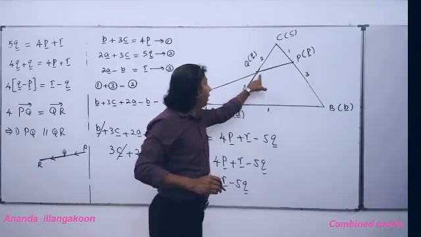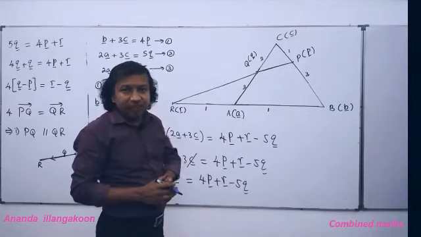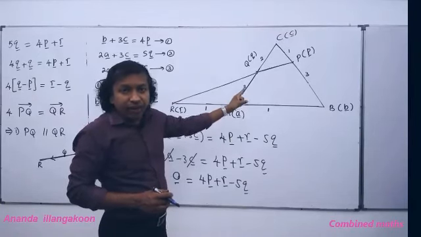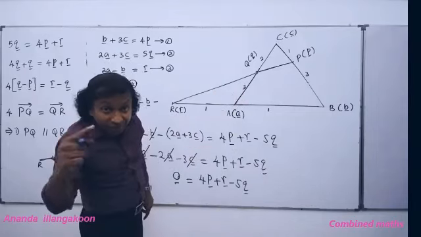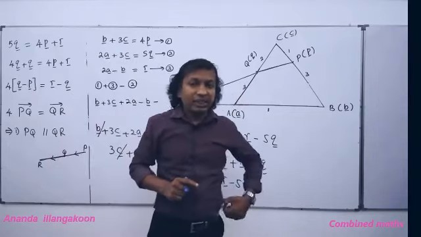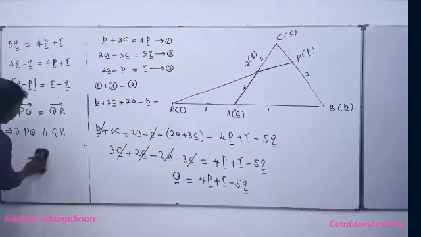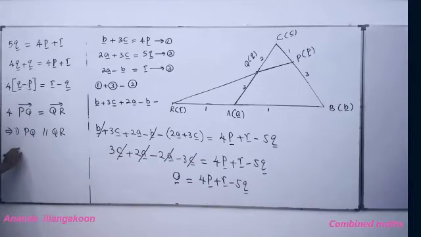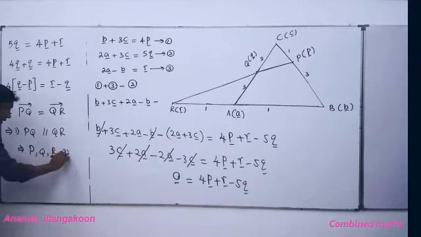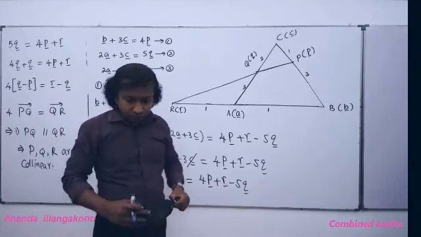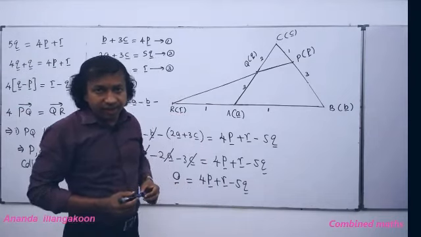PQ and QR should be parallel to each other. Definitely, people, since there is a common point, for them to be parallel, PQ line and QR line should be on the same line. Otherwise, the two line segments never be parallel. Understood? Then first one, we can say what? This implies P, Q, R are collinear. People, what is meant by collinear? These 3 points lie on the same line. Understood? Right. First thing is that.